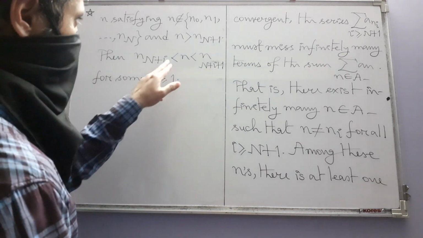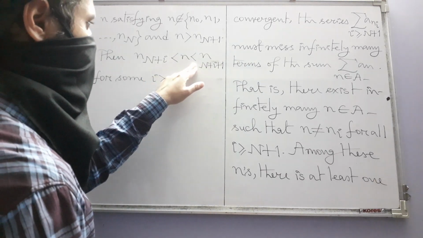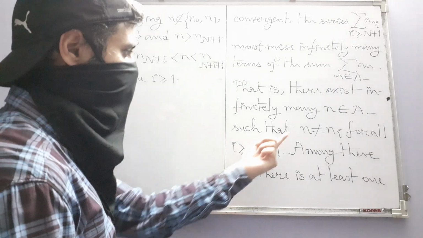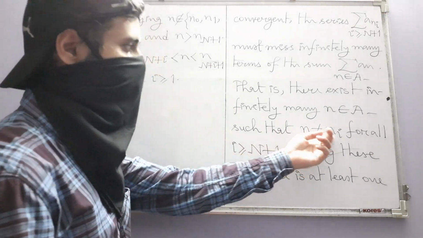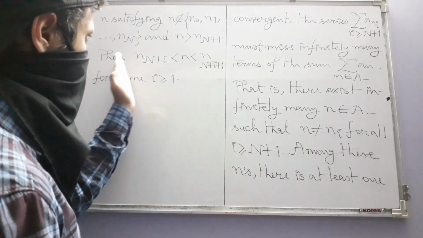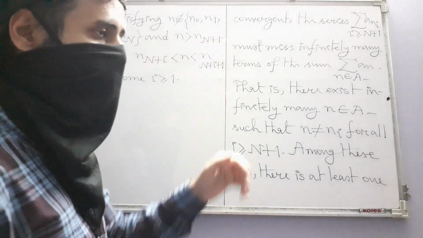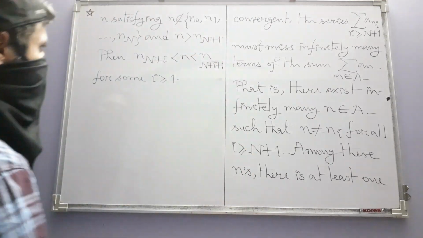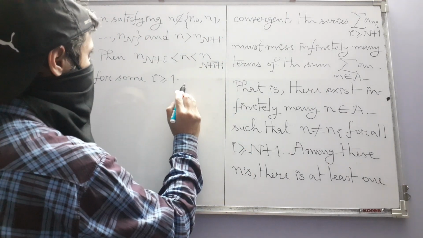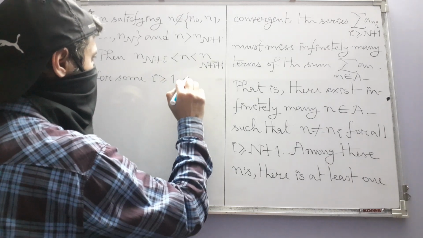And note that we have strict inequalities because n cannot be equal to any of these ni's, all the things that you see here that start from n plus 1.